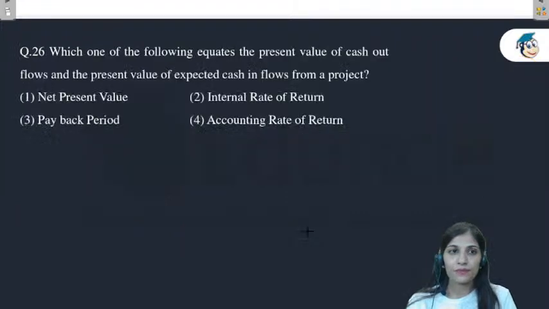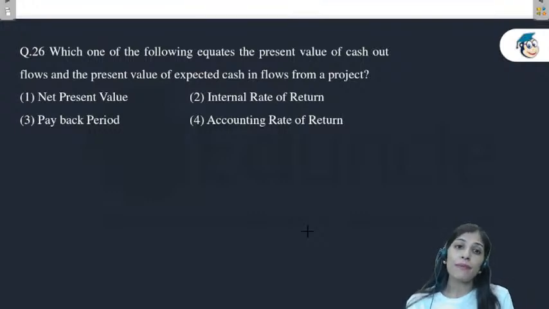Right, next. Which of the following equates the present value of cash outflow and the present value of expected cash inflow from the project?